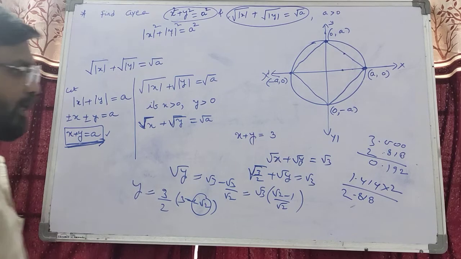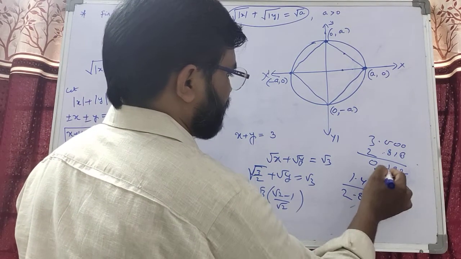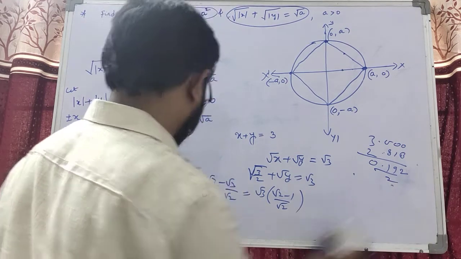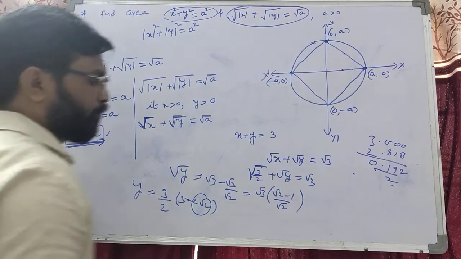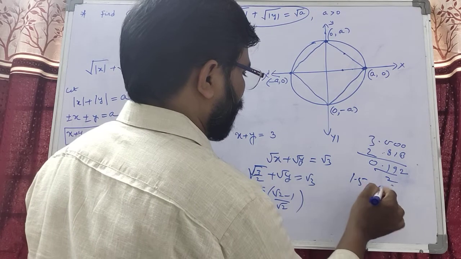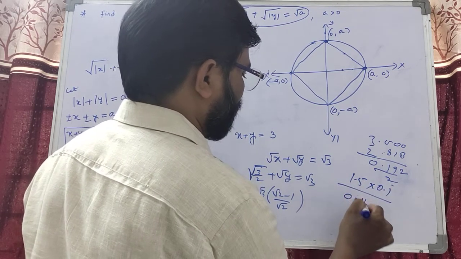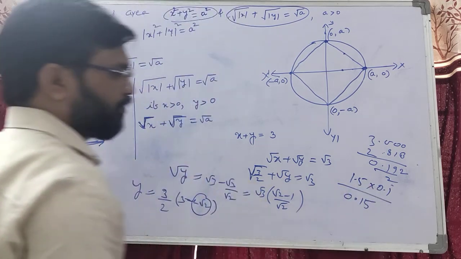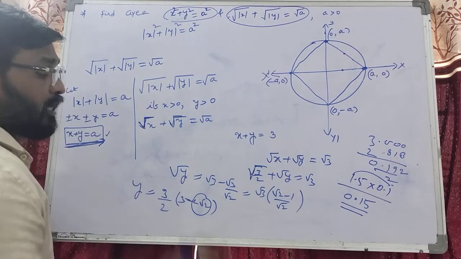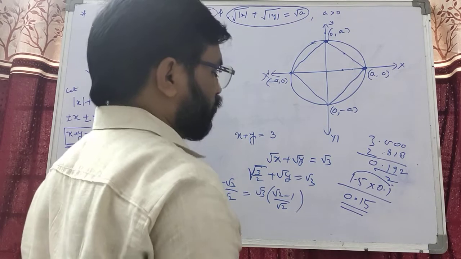The 0.19 by 2 gives about 0.1. Suppose 3 by 2 we got 1.5, that is 1.5 into 0.1. Okay students, multiplying, we got 0.15.